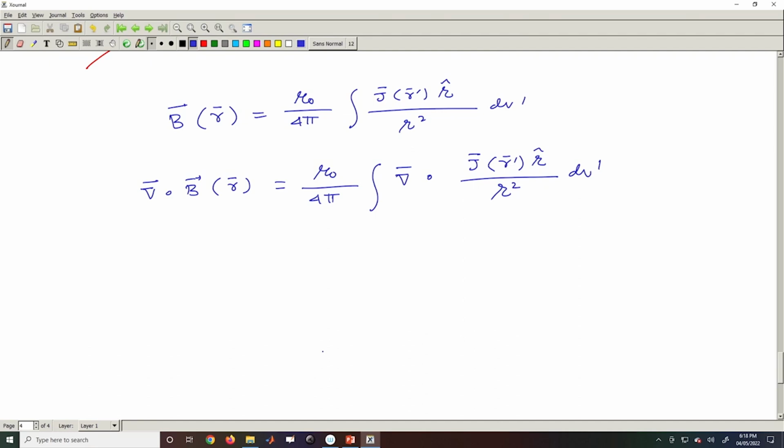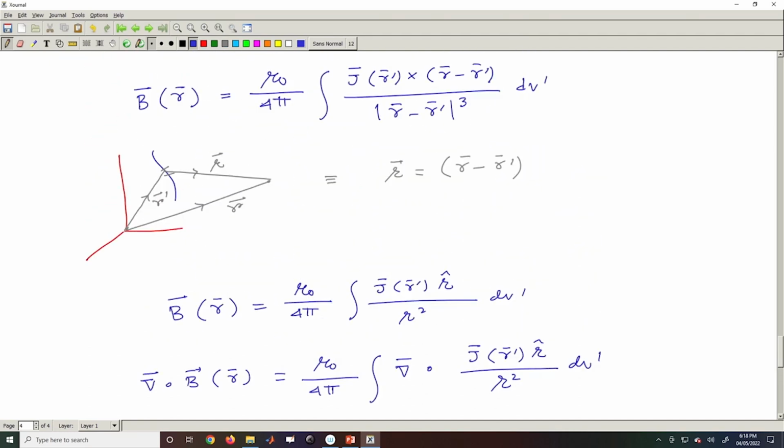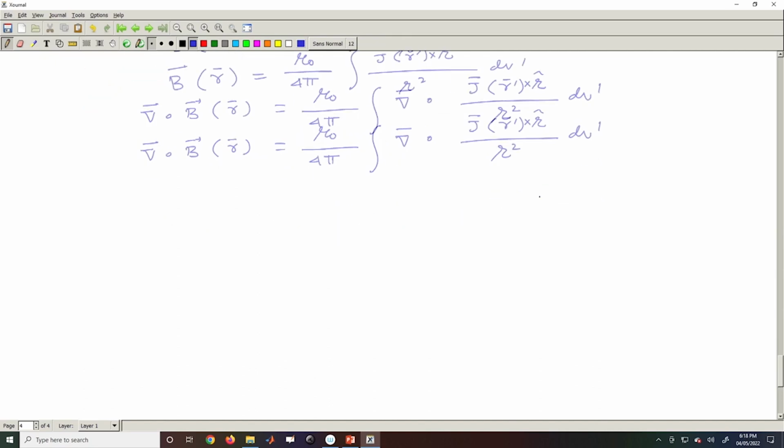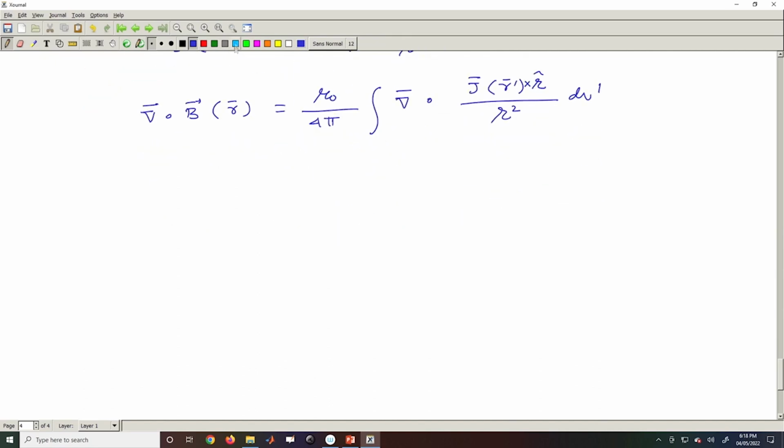Sorry, I am missing a cross here. So cross is always there. So I eventually need to evaluate this quantity: divergence of J, which is a function of r prime, cross r divided by r squared. This divergence operator is operating over r.